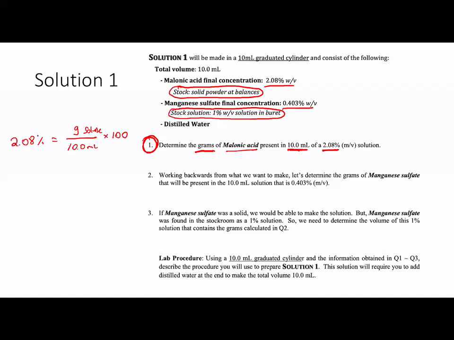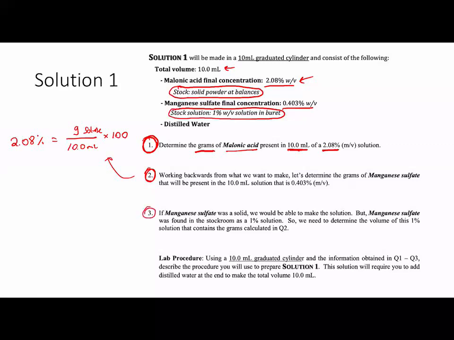And then that would tell you how much you need to weigh out in order to make this particular concentration with this particular volume. Now, number 2 works with the manganese sulfate. It's a very similar setup to this one here. So keep that in mind as you work through number 2.